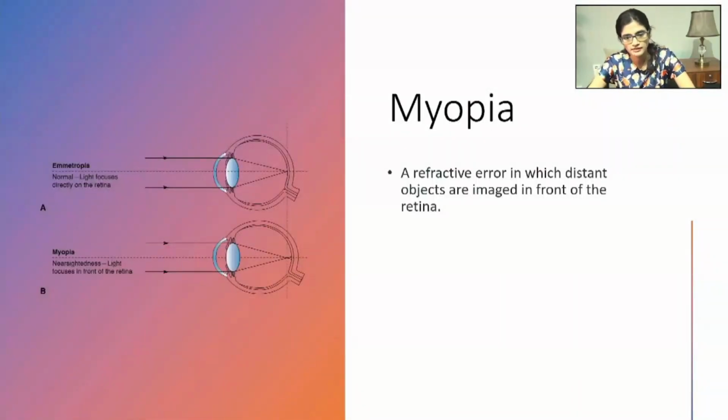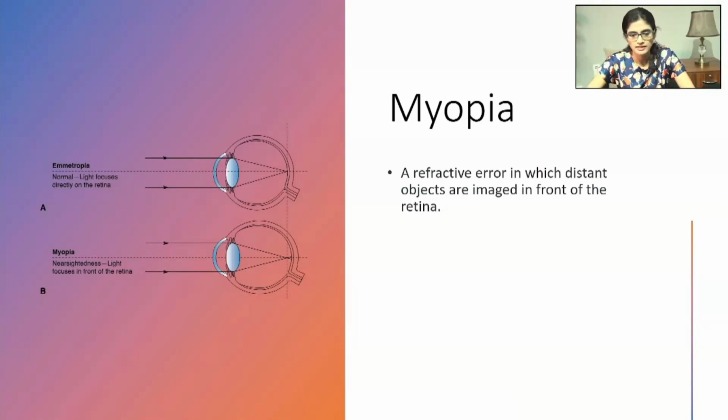Myopia is a refractive error where distant objects focus in front of the retina. In normal eyes, light rays coming from infinity focus on the retina, but in myopes they focus in front of the retina.